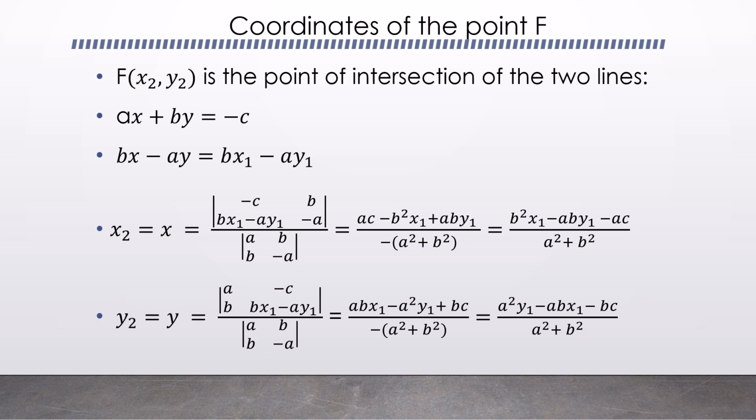Evaluating the determinant, we obtain (abx1 minus a squared y1 plus bc) all over minus into (a squared plus b squared). And this is equal to (a squared y1 minus abx1 minus bc) all over (a squared plus b squared).